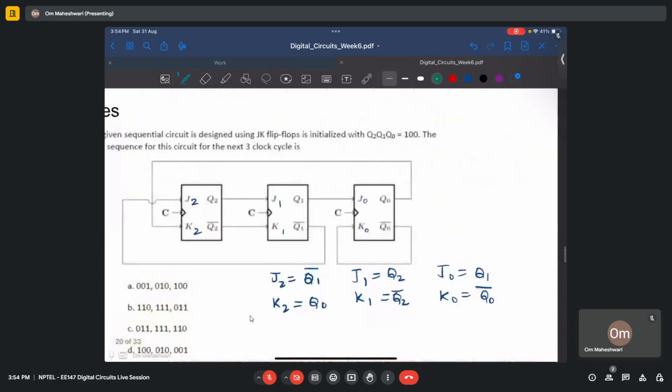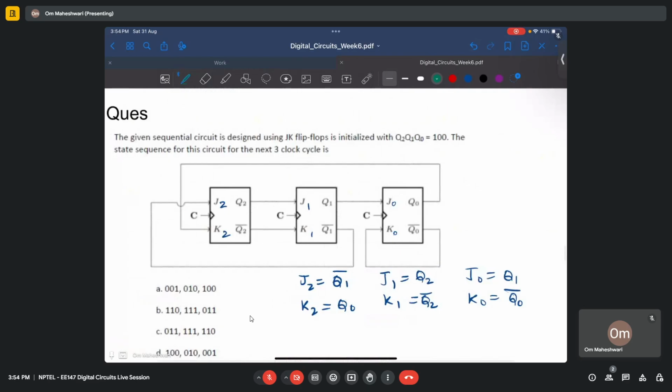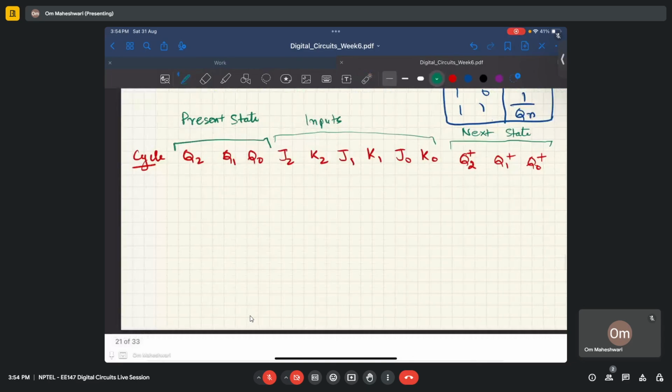So in the question you are given, initially we have 1, 0, 0. Now we have to write what are the next outputs for cycle 1, 2, and 3.